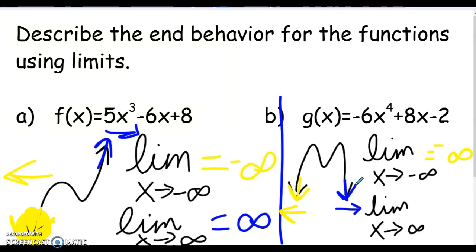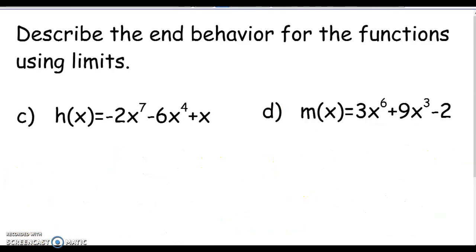What's the end behavior? It's going to negative infinity. So if you have odd exponents, it's going to either start low and end high, or start high and end low. They'll always end the opposite way. And if you have an even exponent, they are going to start and end facing the same direction.